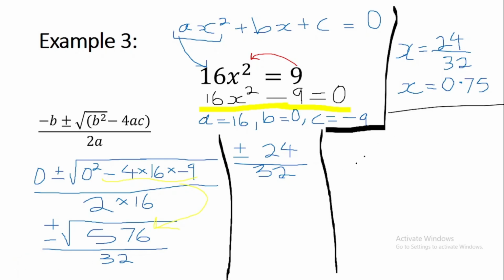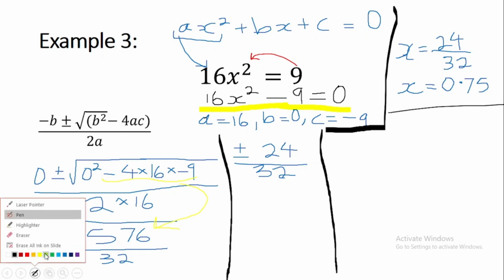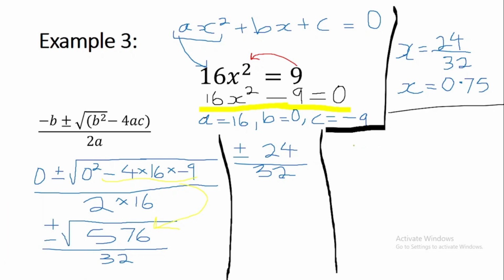Now x again is going to be equal to, let's change the color for the second part. So we used the plus 24, so now we have to use the minus 24. So minus 24 all over 32. So it's going to be negative 24 over 32, which leaves us with a negative 0.75 as well.